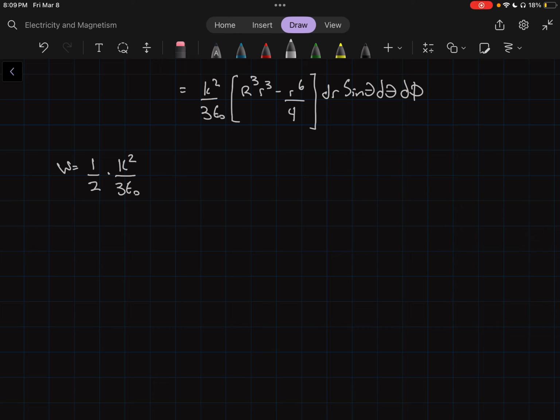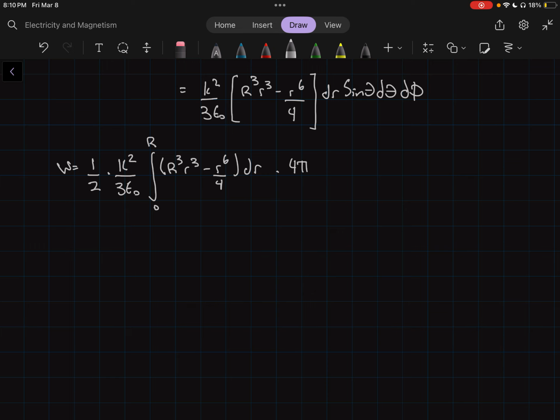And that is times the integral from 0 to big R, which is our charged sphere, of big R cubed little r cubed minus little r to the 6th over 4 dr. And then again, as I did earlier, the integral from 0 to pi of sine theta d theta and the integral from 0 to 2 pi of d phi is just going to give you 4 pi.